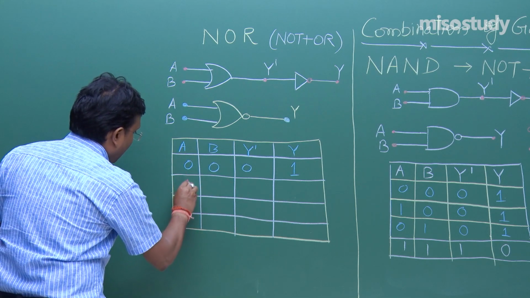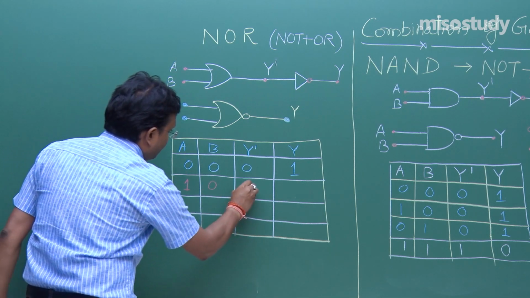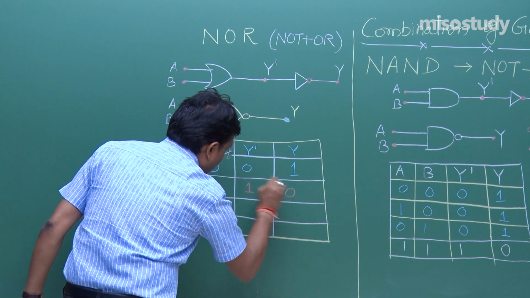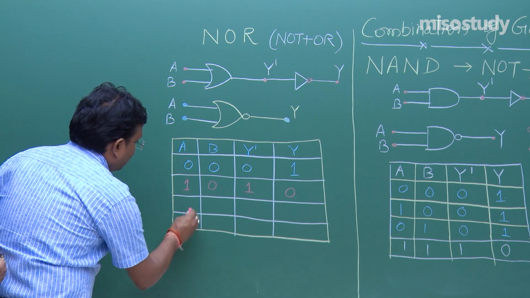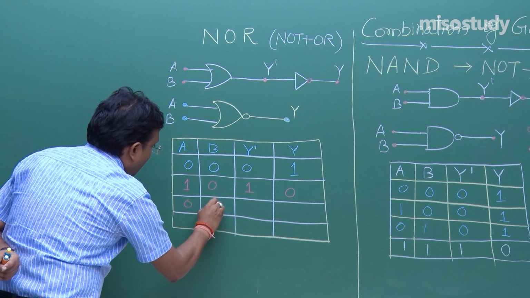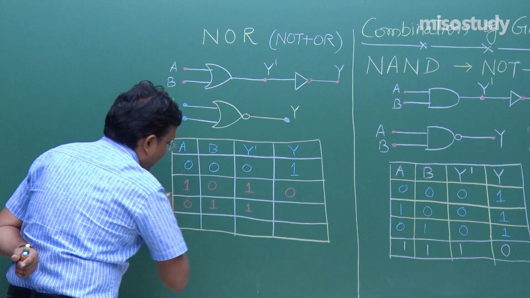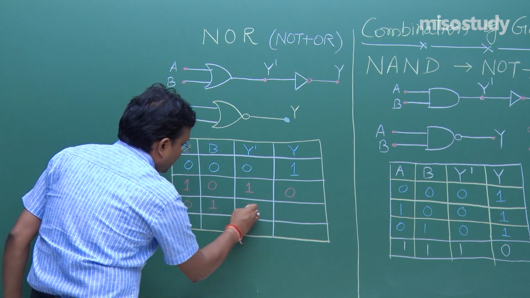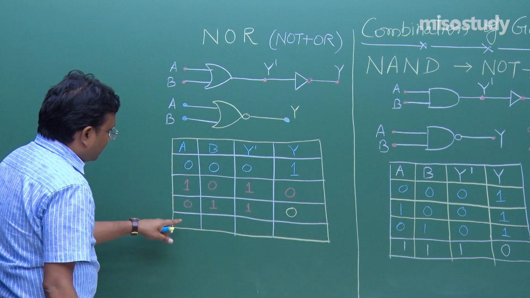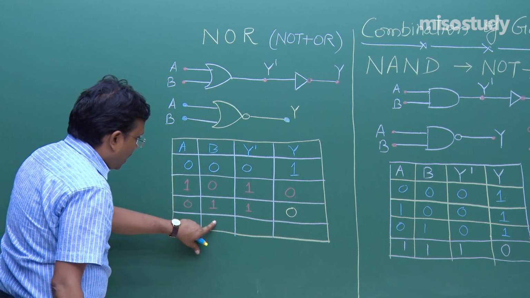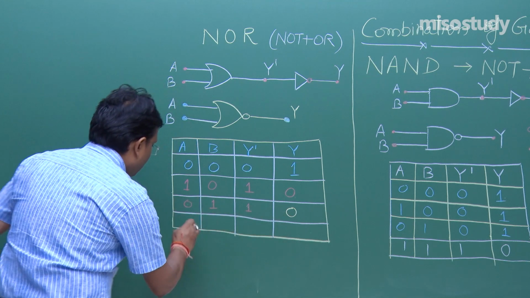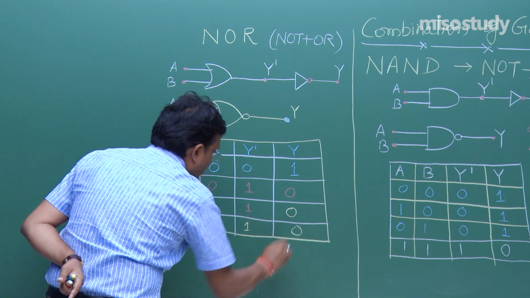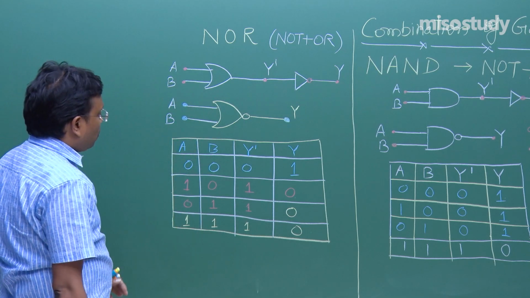So it is high, it is low, it will give me high, but its outcome is going to be low. Fine. Then it is low, high, it is high, and it is low. High, high, high, low. Fine. So this is your NOR gate.